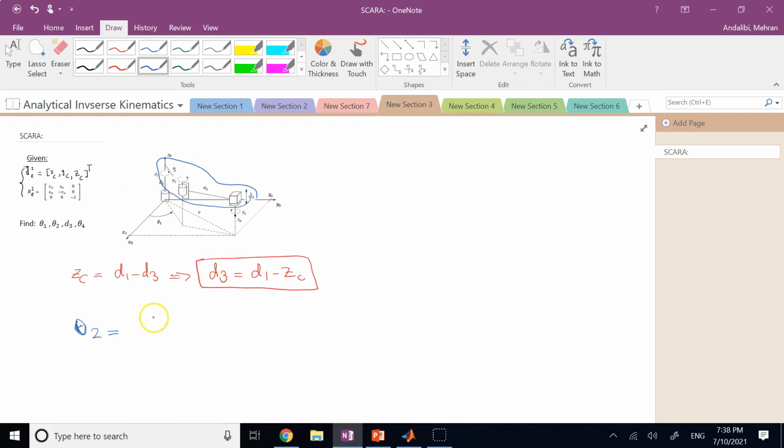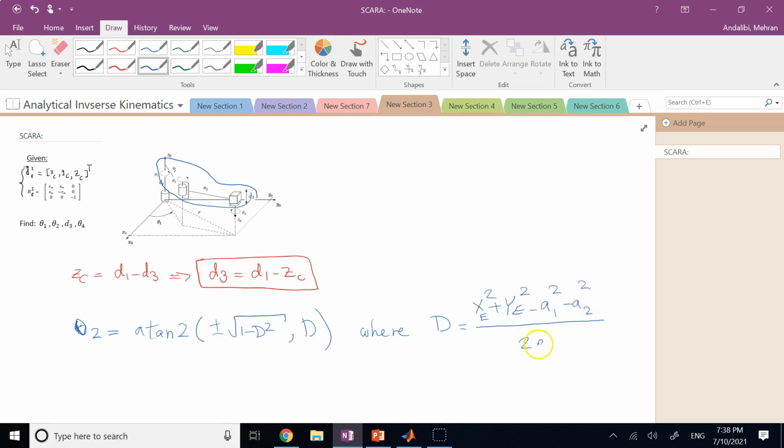You see that we showed that theta 2 was arctangent 2 of plus minus square root of 1 minus d squared, and d, where d was xc squared plus yc squared, and then minus a1 squared minus a2 squared, divided by 2 a1 a2, correct?